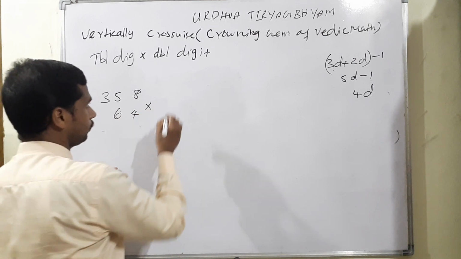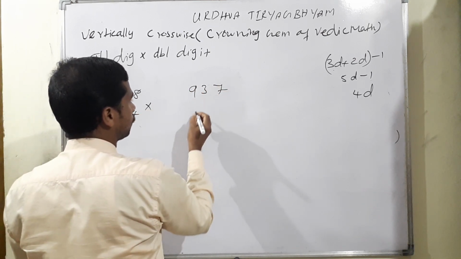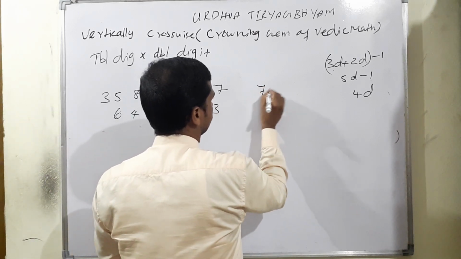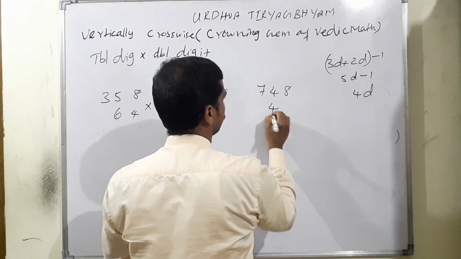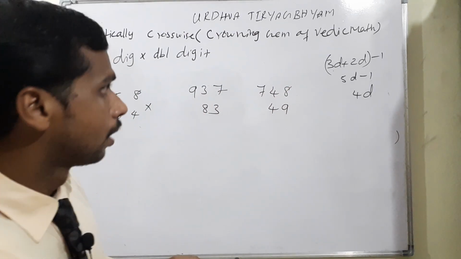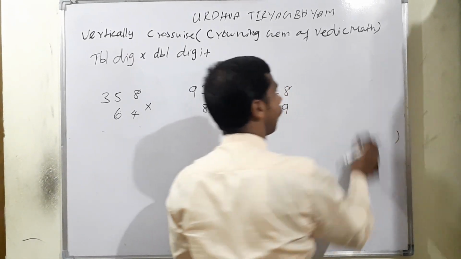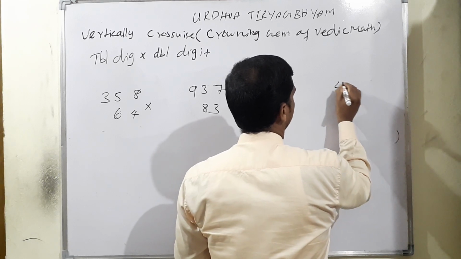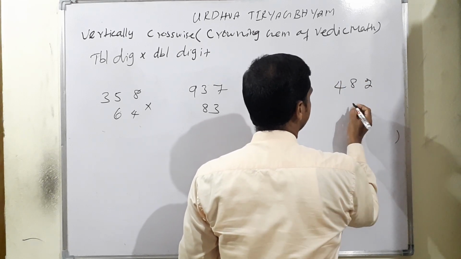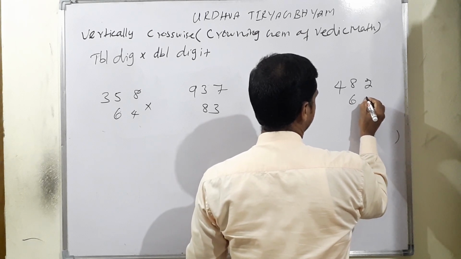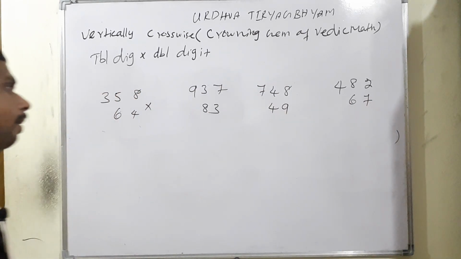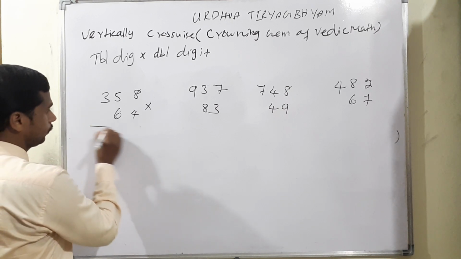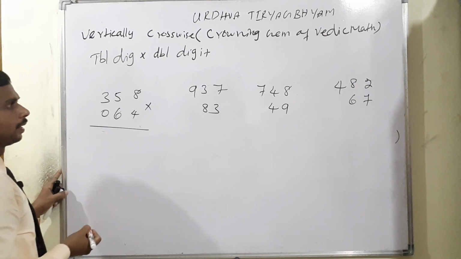Then 937 into 83. 748 into 49. 482 into 67. The same steps, but how many steps are possible? 4 steps, isn't it? But we can take a 0, then it will be very easy. You know, the same concept.